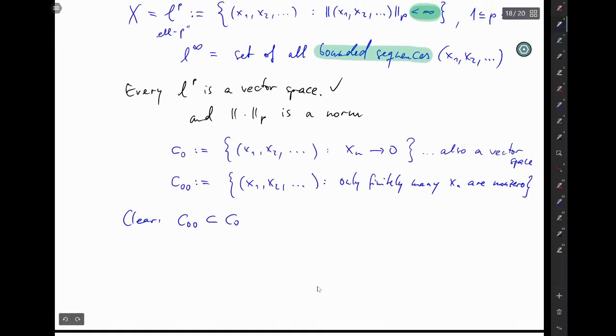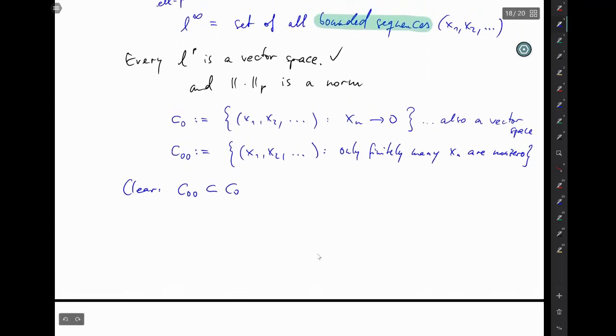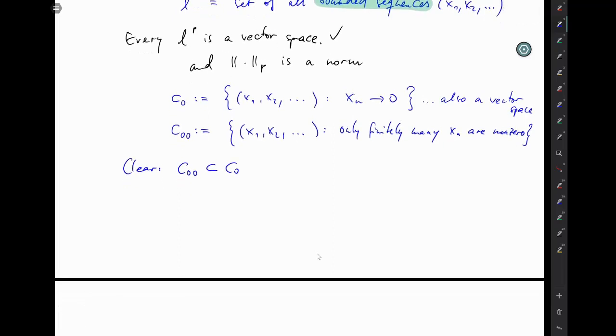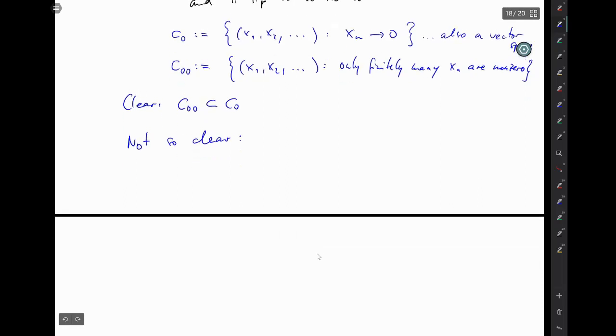Let's find it out. So I'm claiming that the spaces are somehow a nested sequence, so they are contained one in another in the following order. So not so clear, but still true. C00 is probably the smallest of them all, is contained in L1.